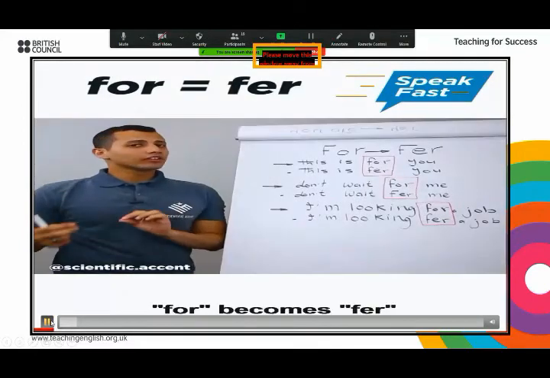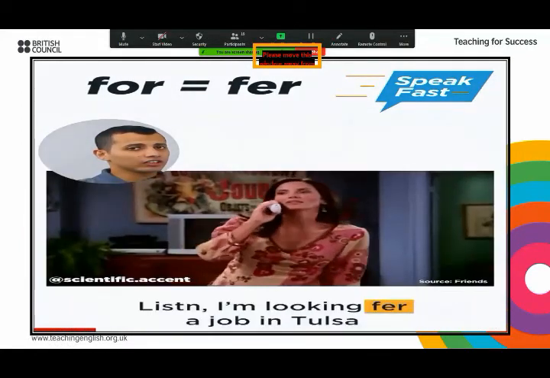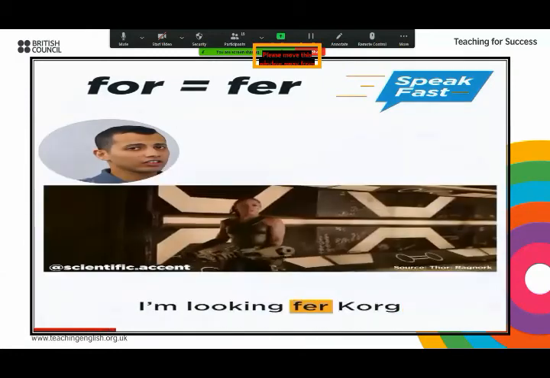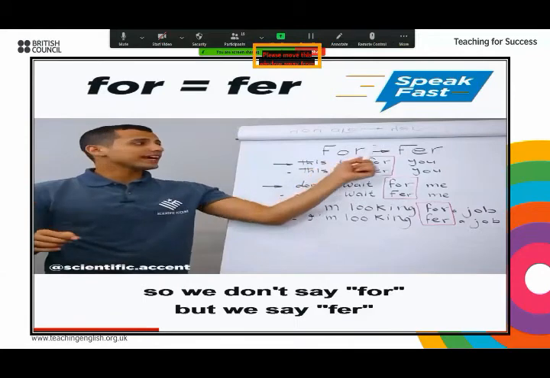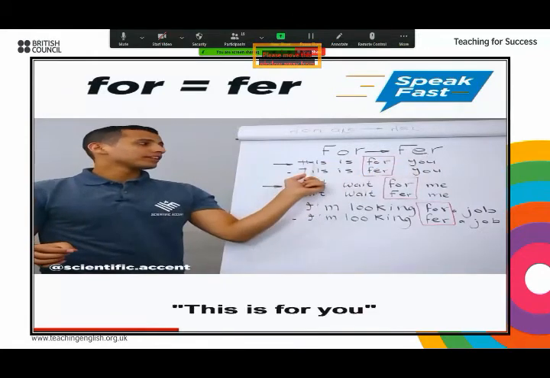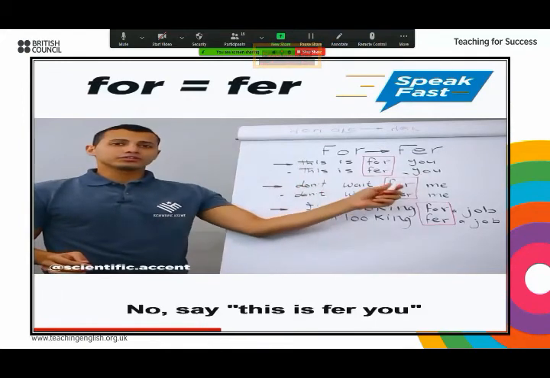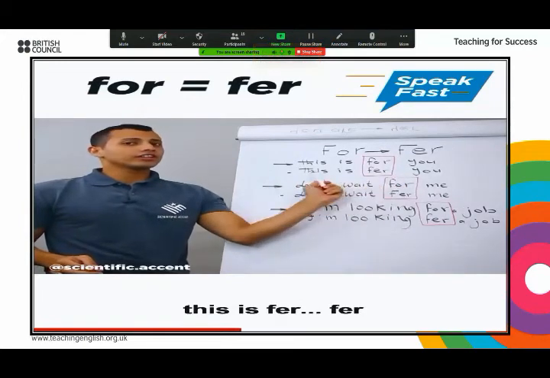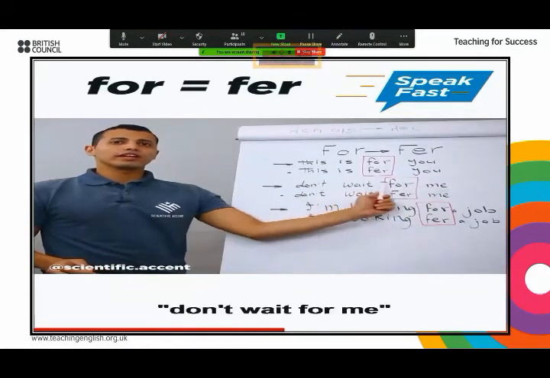For becomes fur. This is for you. Don't wait for me. I'm looking for a job. So we don't say for, but we say fur. This is for you. Don't wait for me.